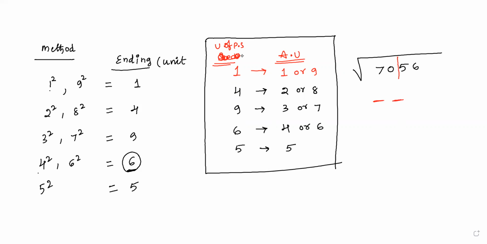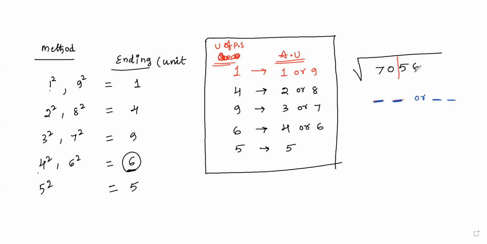In the tens place you can put any number of digits, but this is the unit place. Why? Because we are making two pairs, so two places will come. Why two possibilities?